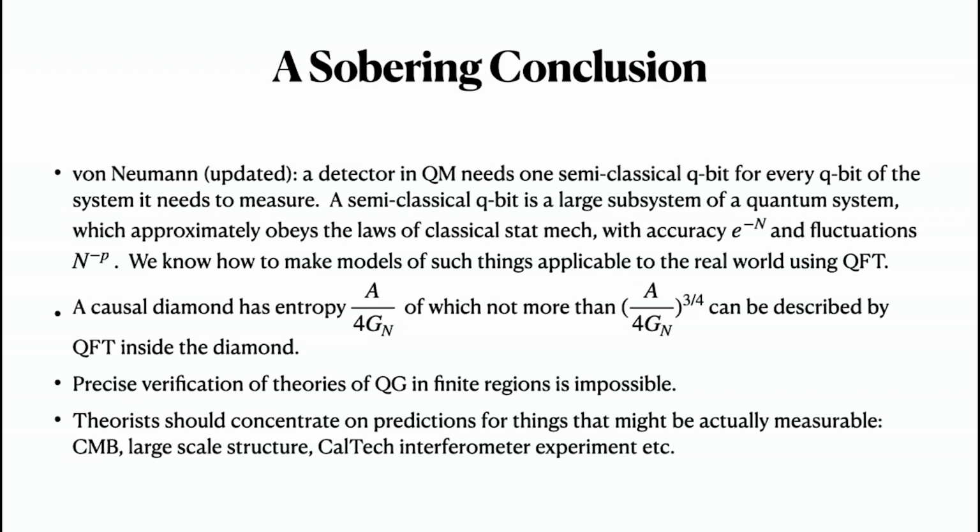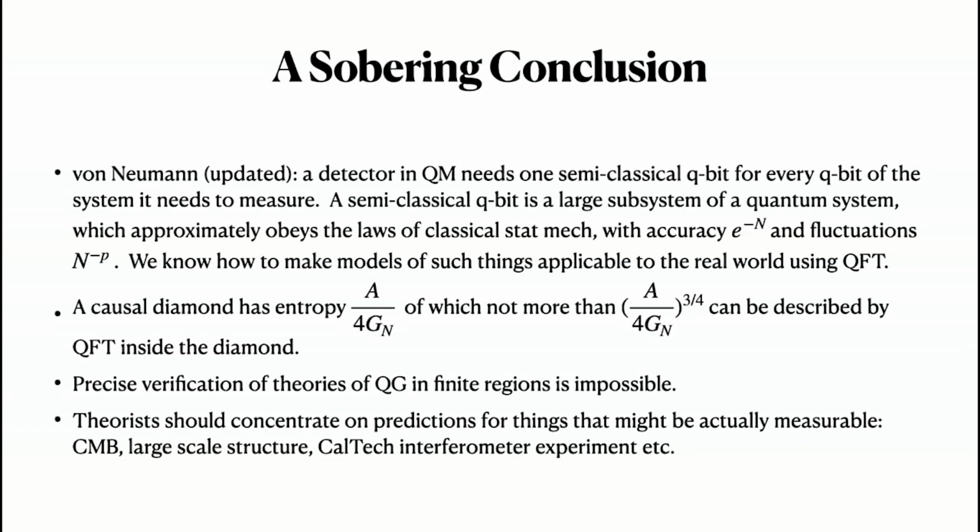And that's usually characterized by some large integer n, which is kind of the number of atoms in the subsystem. And the fluctuations go like 1 over n or 1 over square root of n, and the decoherence of the histories is exponentially small in n. And for ordinary detectors, it's absolutely trivial to satisfy this.